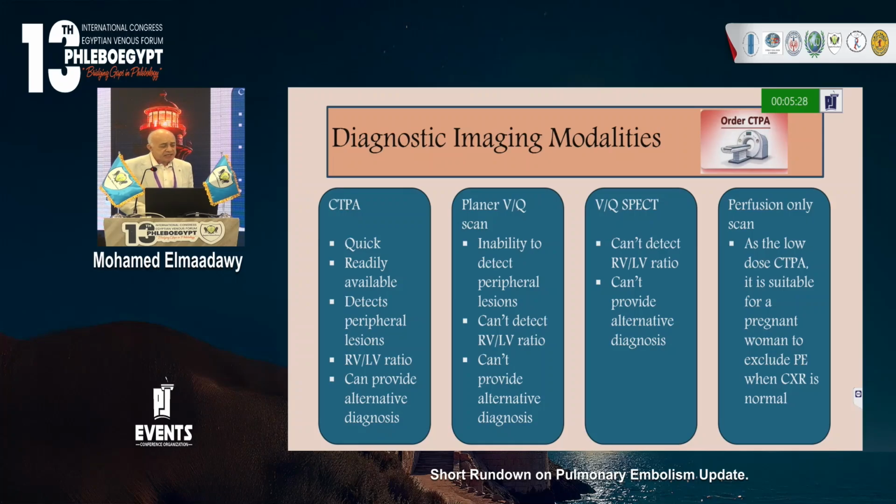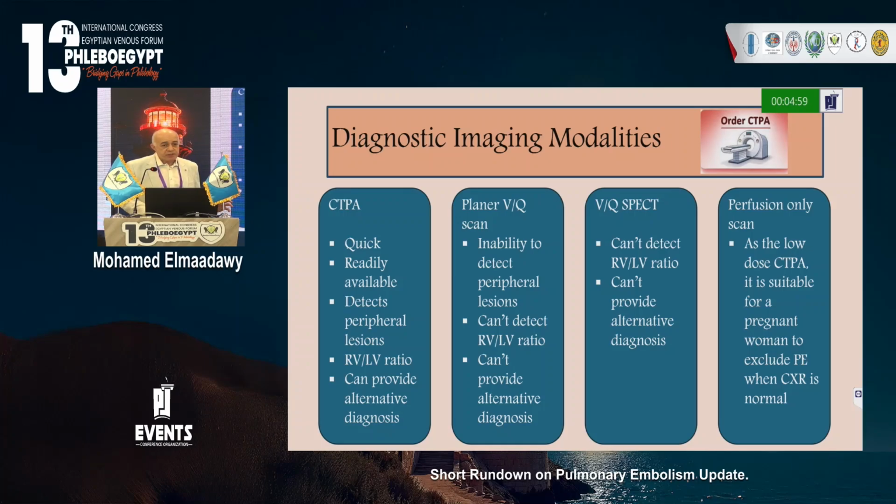Planar ventilation perfusion scan is much inferior to the CTPA, but which is equally sensitive to the CTPA in terms of the pulmonary embolism is the VQ single photon emission CT. But it lacks any idea about the right ventricular enlargement and also cannot provide alternative diagnosis.